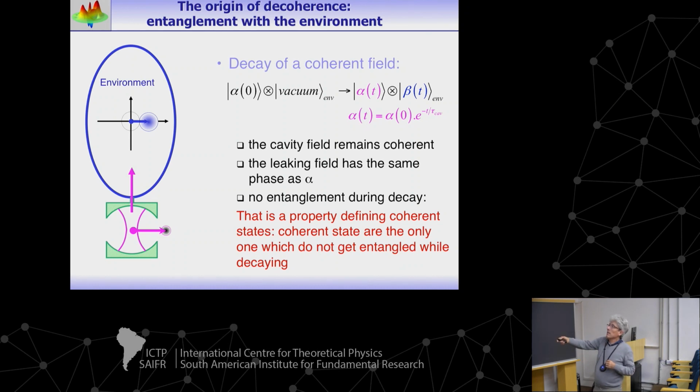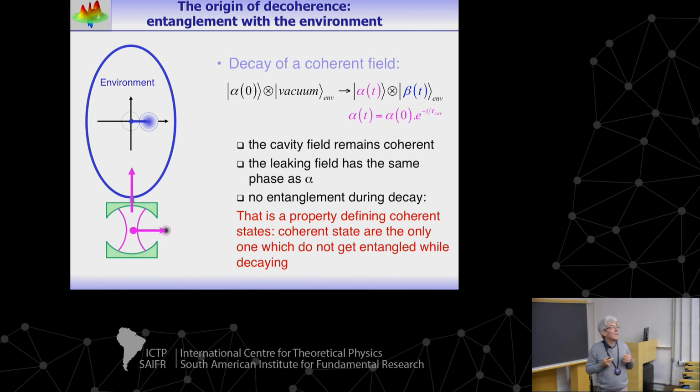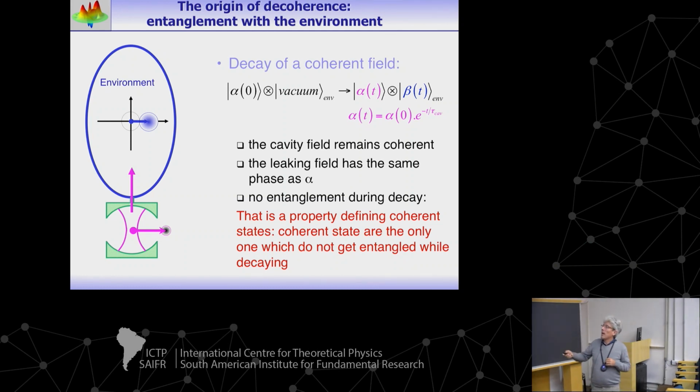And now we'll explicitly give a model of the environment by saying that energy losses can occur for many different reasons, either absorption in the mirror, diffraction on the border of the mirror, but all these losses could be modeled as if the mirror was kind of transparent with a very, very small transmission, and that some photons from the cavity, instead of being absorbed, are just leaking into the outside world, which is the environment, and which can be modeled by a very, very large cavity, whose size has to be set to infinity.